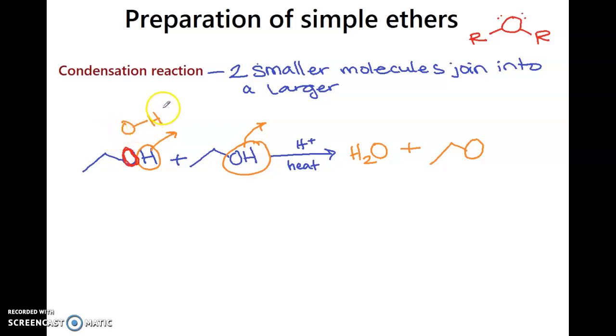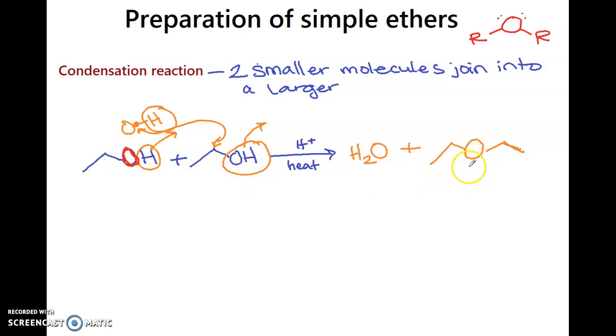In leaving, it's left this single electron there, and oxygen doesn't have a full valence shell. We've done the same thing here where this carbon has lost the electron it was sharing with oxygen, so it too has an unfilled valence shell. If those two single bond together, we refill their valence shells.